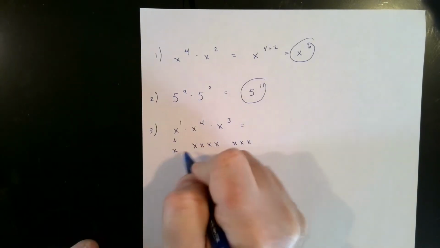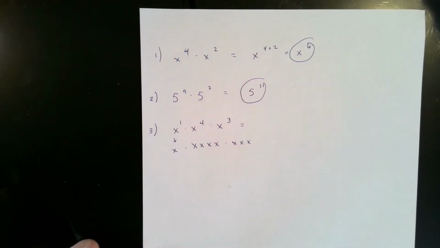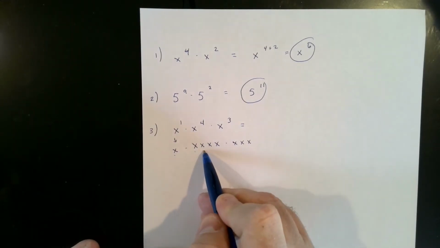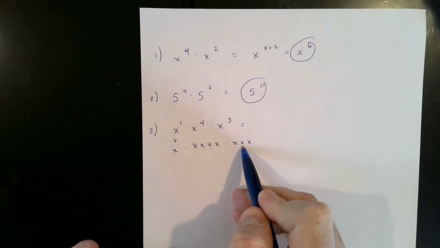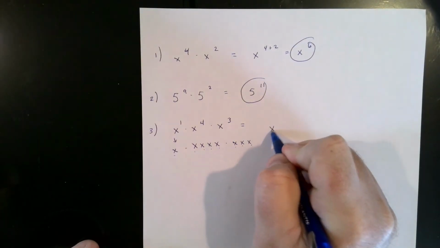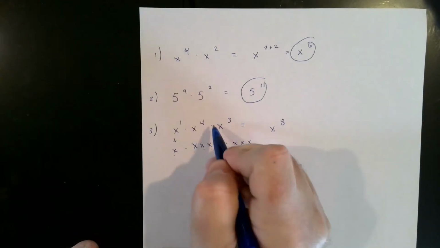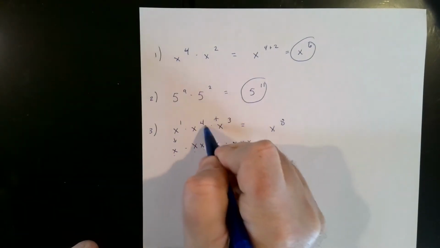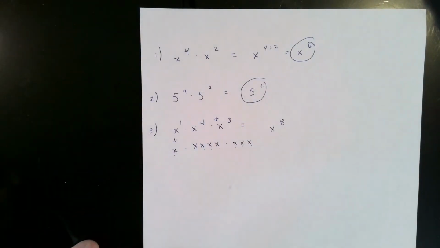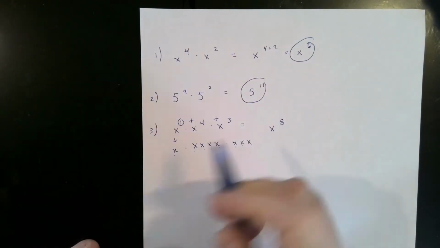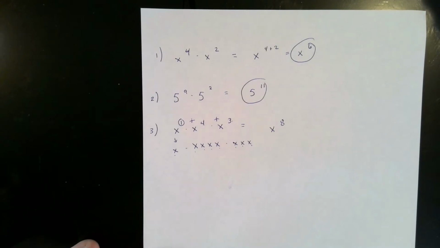So we have really an x there. So if we add those all up, we have 1, 2, 3, 4, 5, 6, 7, 8. We end up with x to the 8th power. Or if you look at the top, we still have 4 plus 3, which is 7, plus that 1 there for a total of 8. So x to the 8th is our final answer.